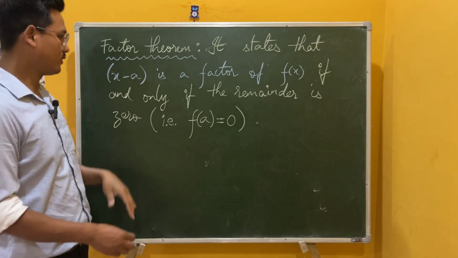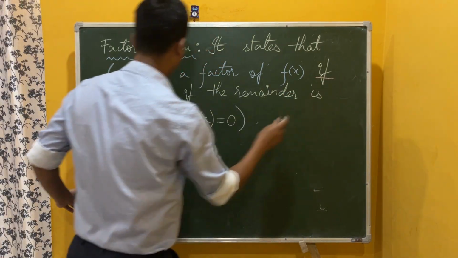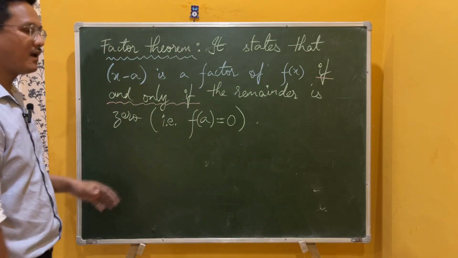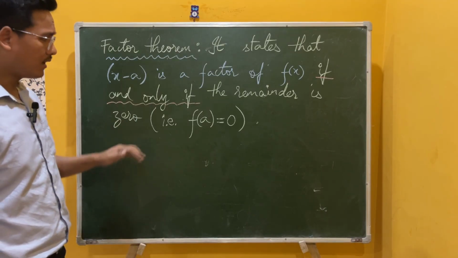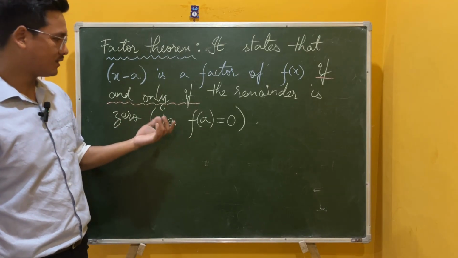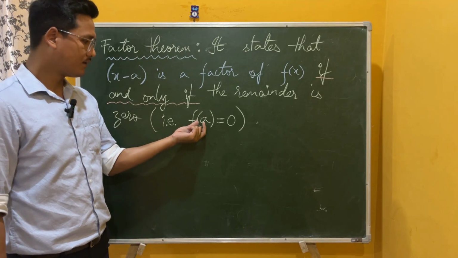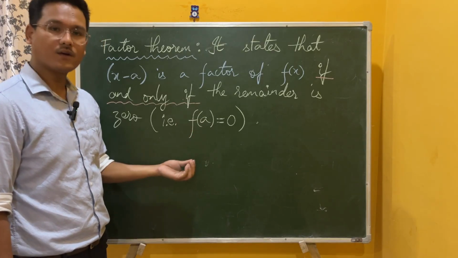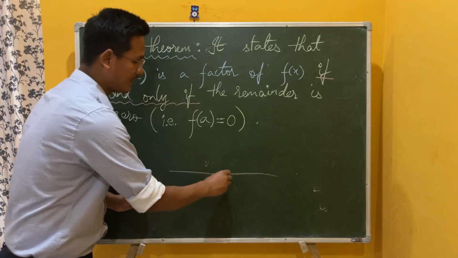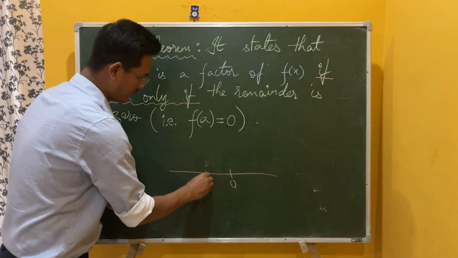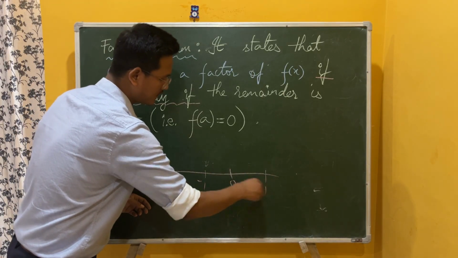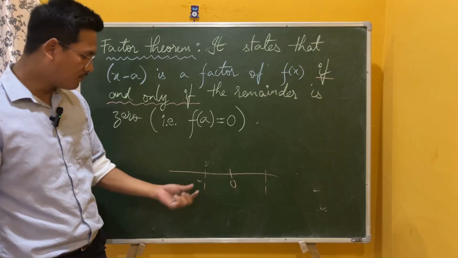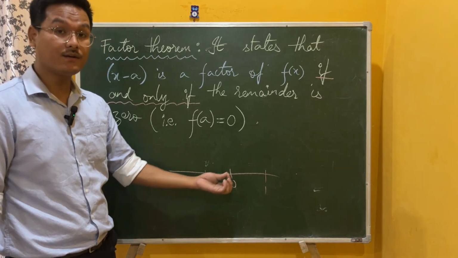Simple as that. So you may wonder, what about this if and only if? Well, this is not explicitly explained in school, but in short, you may understand it in this way. If f(a) equals 0, for a real number a, right? A real number means a number that can be placed on a number line. You know, a number line, 0 is in the middle, you have a negative side and you have a positive side till infinity on both the sides, negative infinity and positive infinity. Any number that can be placed on this number line is a real number.